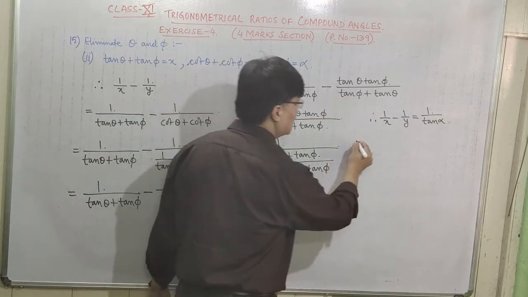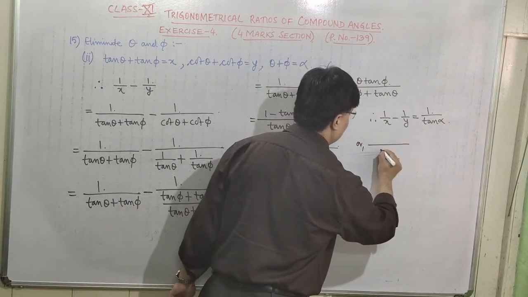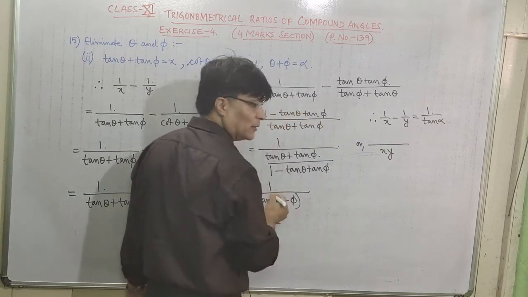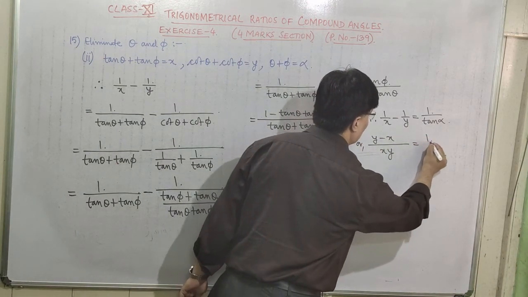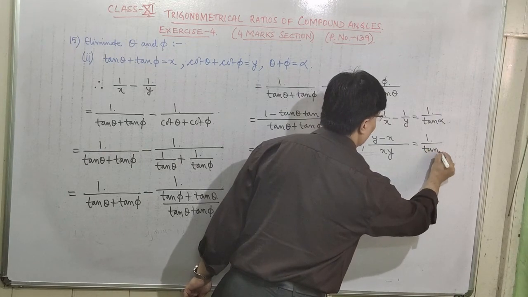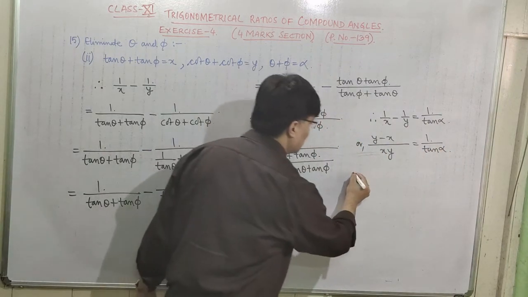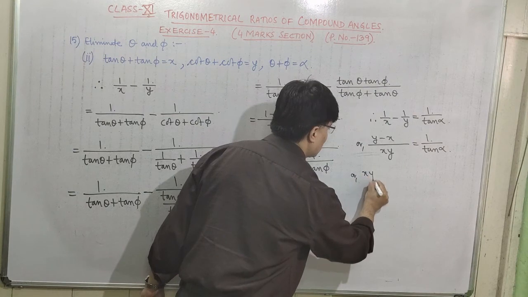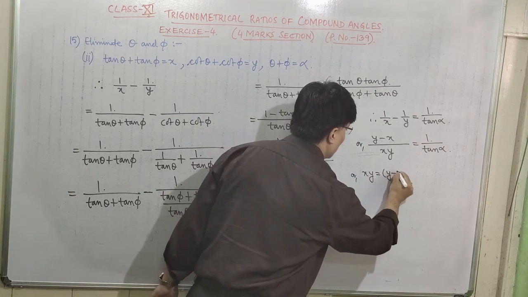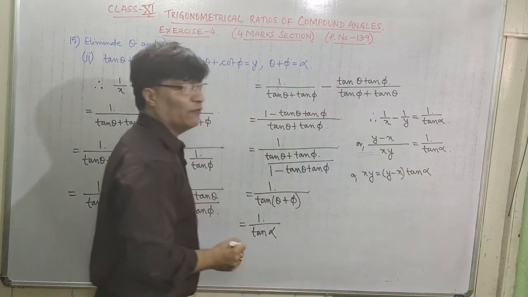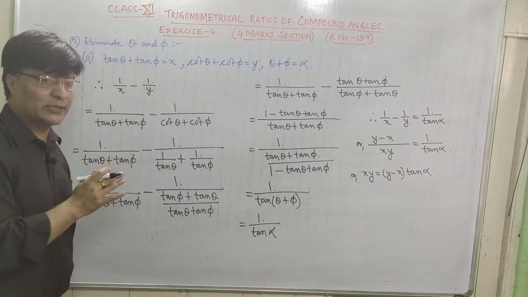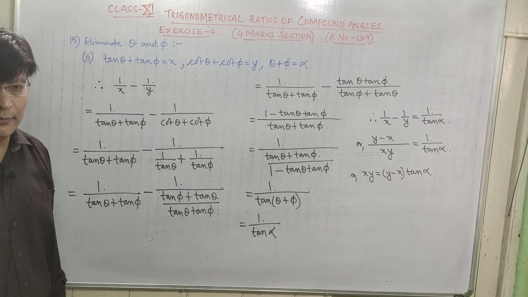So let us simplify it. So what's the LCM? LCM is xy. So in the numerator we have y minus x is equal to 1 upon tan alpha. Okay, let us cross multiply it, or xy is equal to y minus x into tan alpha. So in this relation, theta and phi are eliminated.